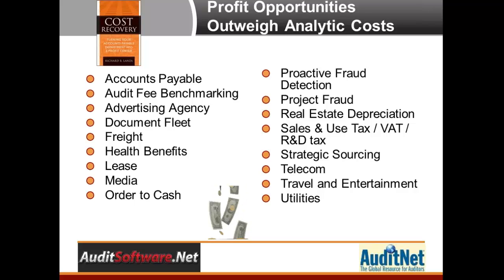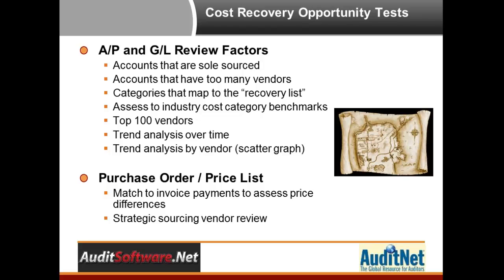That's why I said you want to look at the distribution, because you want to start looking for weird trends in that distribution, but also look at this list of profit opportunities that you could find at a company and maybe do an audit of these areas, or bring in an auditor to help you do an audit of these areas. Some of these areas are really complex, and it does require some help. Looking at the different cost recovery opportunity tests, imagine taking your general ledger and your accounts payable distribution and summarizing that by vendor and by general ledger account.